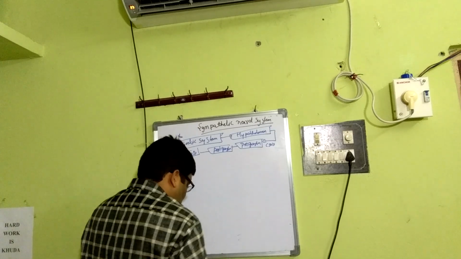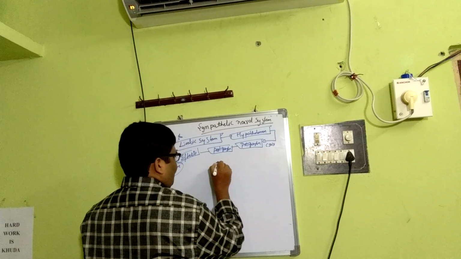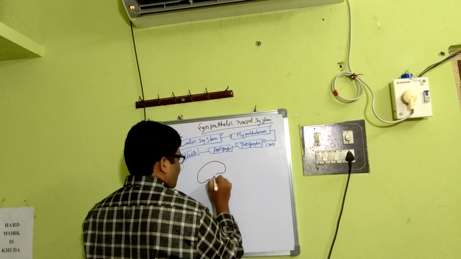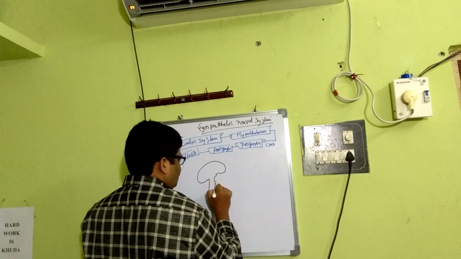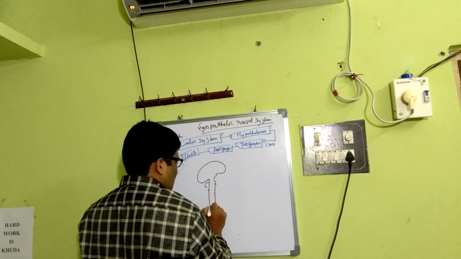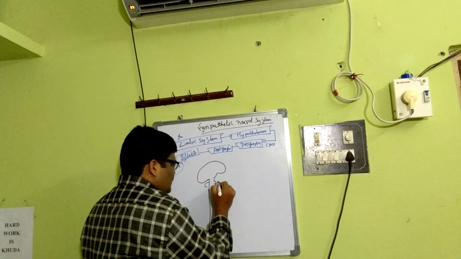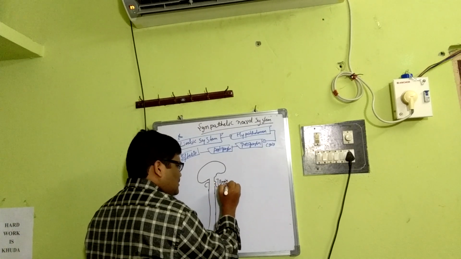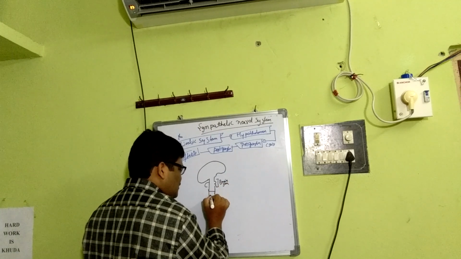How it ends. A rough sketch I'm drawing. The brain and spinal cord, and this is the brain stem. Then this is spinal cord. We knew the cervical region.